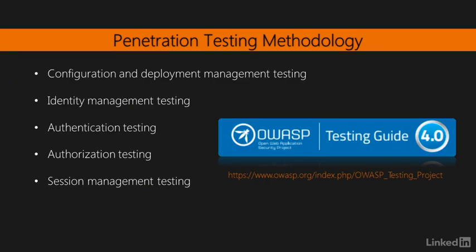You may be wondering, what areas should you test during this process? These are some of the most important ones to cover: configuration and deployment management testing, identity management testing, authentication testing, authorization testing, session management testing, input validation testing, error handling, cryptography, business logic testing, client-side testing.